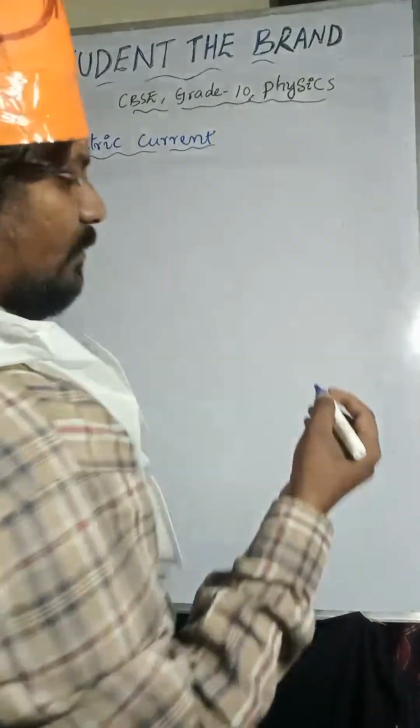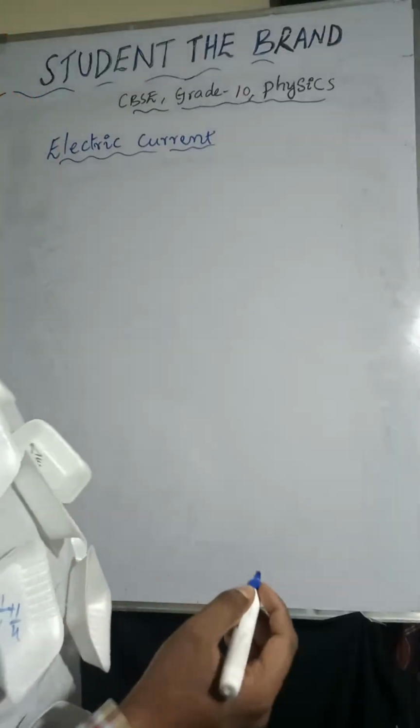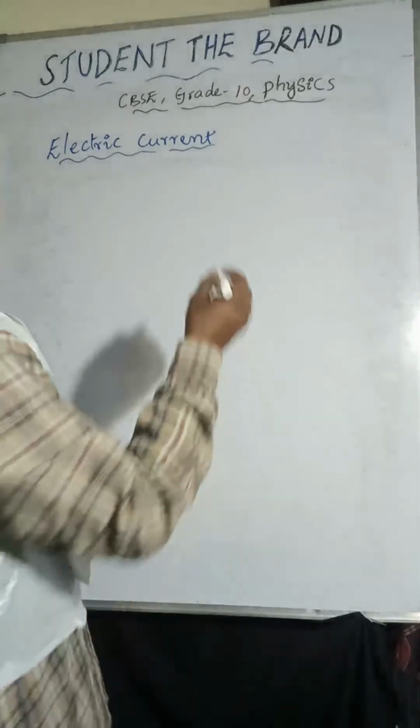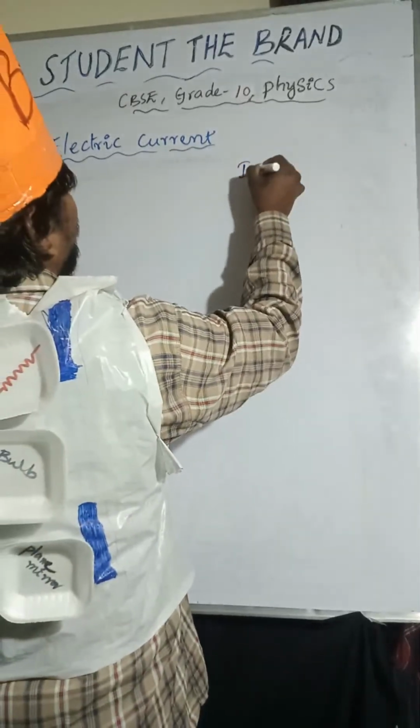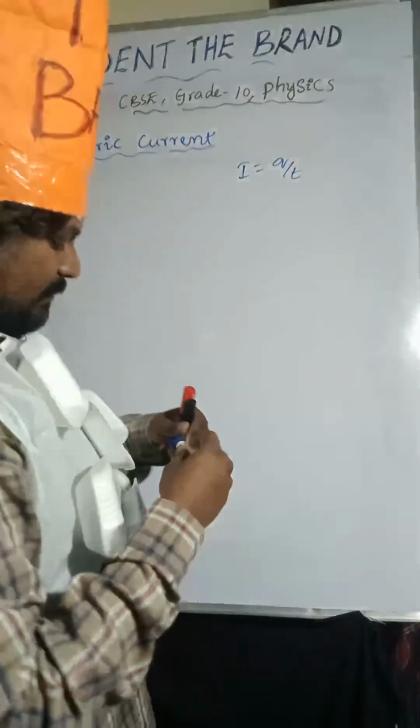So what is electric current? The flow of charge. The rate of flow of charge is called electric current. I equal to Q by T. The rate of flow of charge.